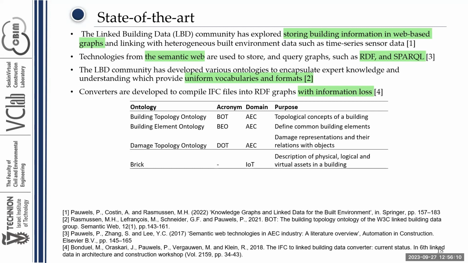However, during this process, some information such as object attributes and geometries is missed. This is because that information may not be really useful for their use scenario, and the developers didn't find a really good way to save and store that information efficiently. Therefore, the LBD graph that comes from IFC files is not really complete.